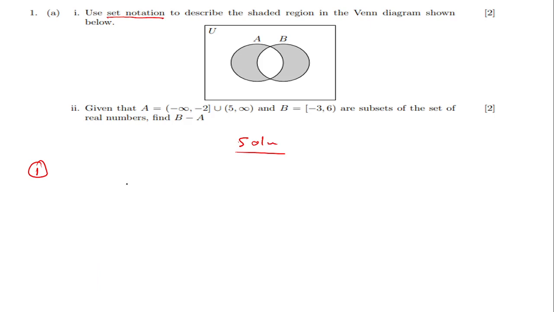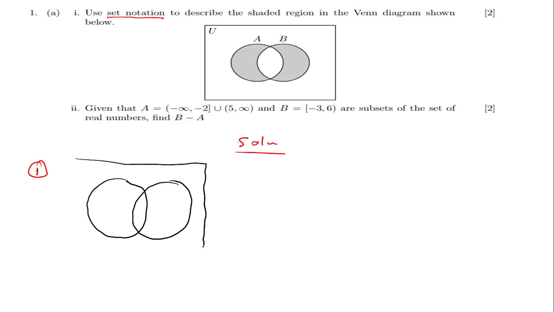I have set A and I also have set B. These are two sets that are intersecting. What I'm going to do first is not go directly to the answer, but find a method by which I can easily know the answer.